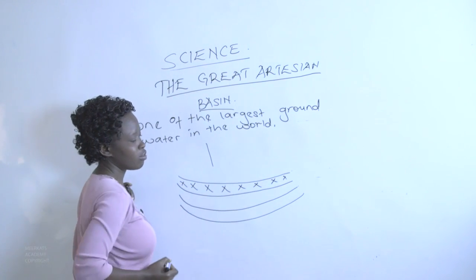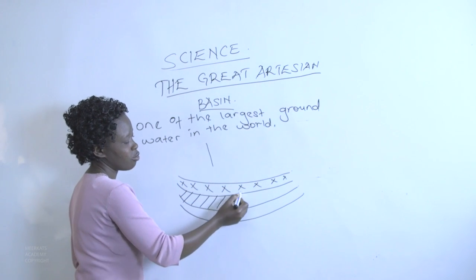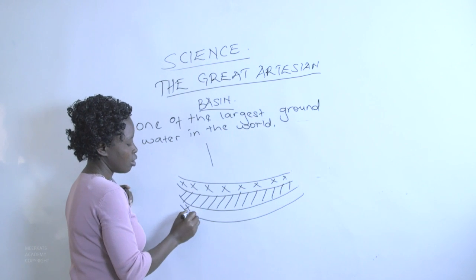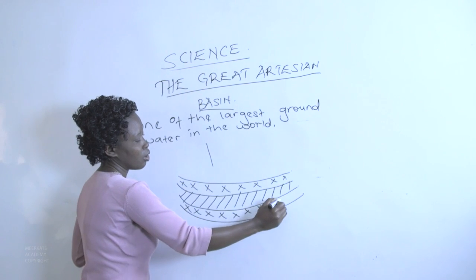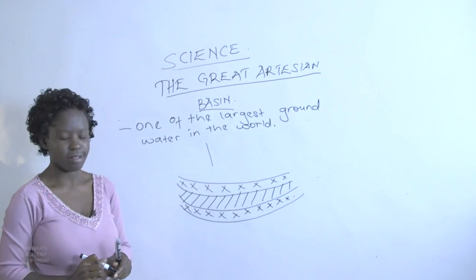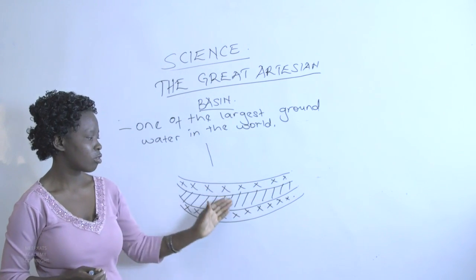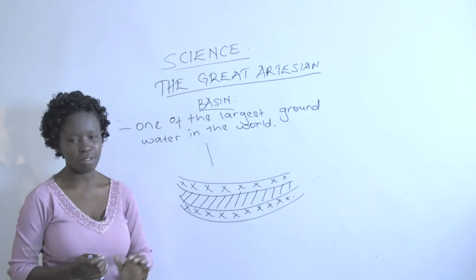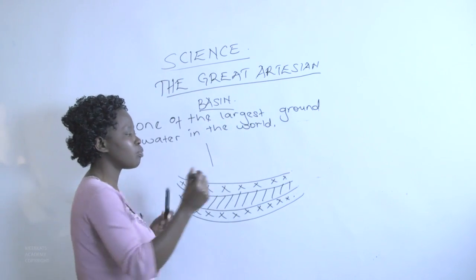So we are having a pervious rock, then below it a layer of impervious rock, and the alternating layers continue. As we are having alternating layers of impervious and pervious rocks horizontally placed, this water percolates into the pervious rock.